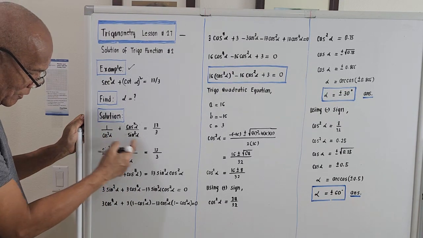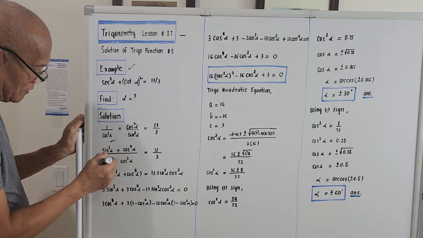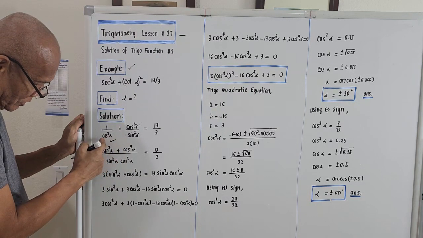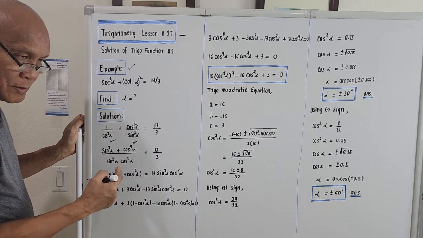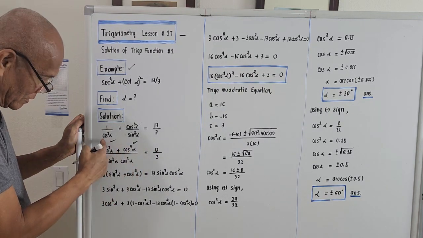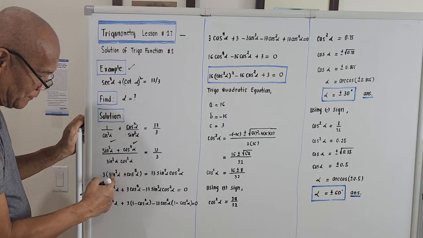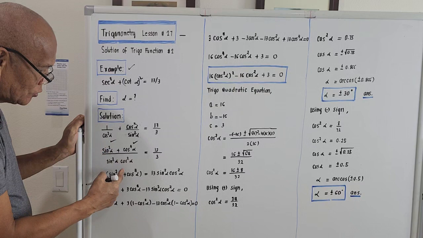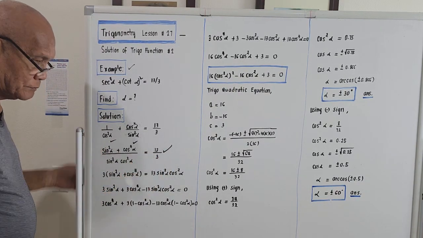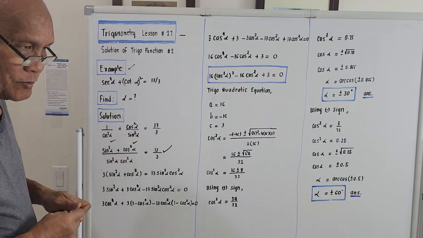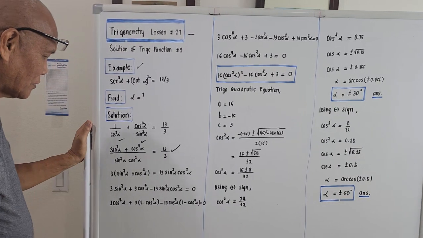The simplification of the left hand side will be 1 times sine square, which is sine square of alpha. Cosine square times cosine square, this will be cosine to the fourth of alpha. The resulting denominator will be the product. I will write first sine square of alpha, then cosine square of alpha, and this should be equal to the ratio 13/3. It's all algebra now, plus our knowledge of the definition of the different functions.